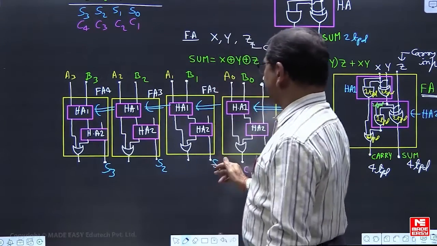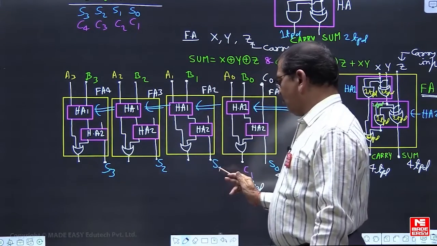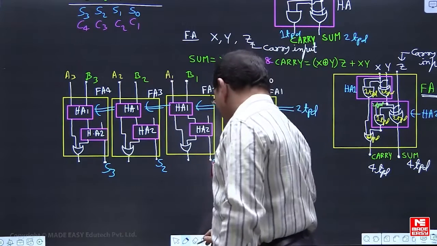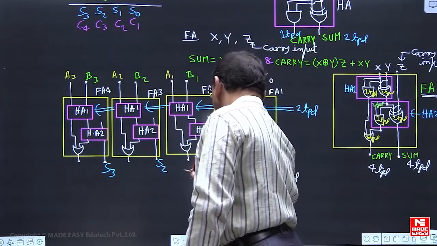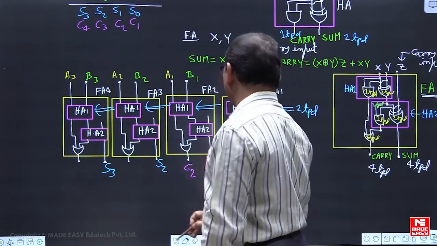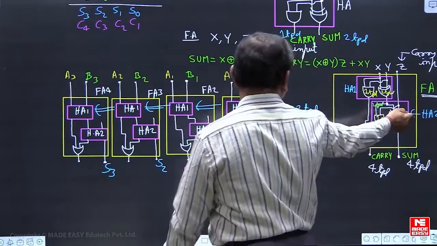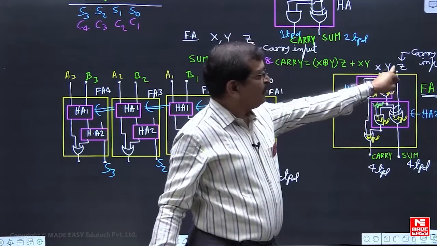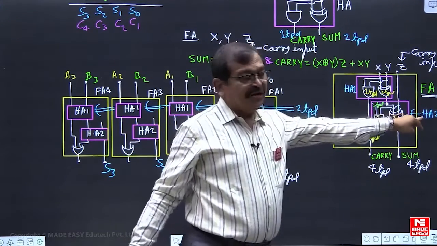So here this sum output, and here this is the carry output C2. They are available here after knowing the carry input to this half adder 2.